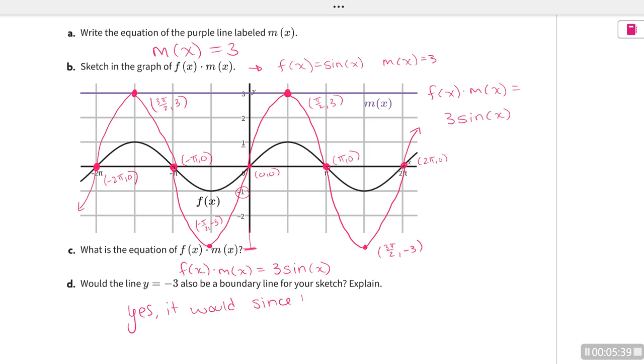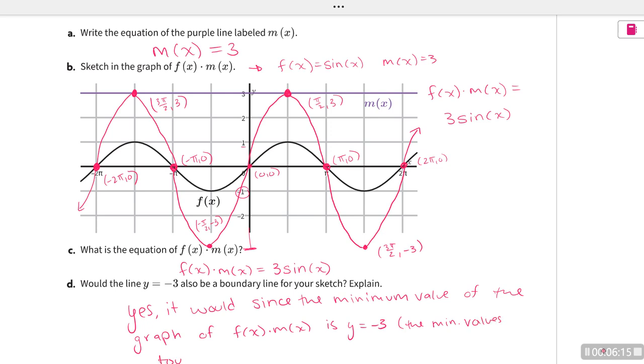Since the minimum value of the graph of f of x times m of x is y equals negative 3. Or I should say the min values touch y equals negative 3.